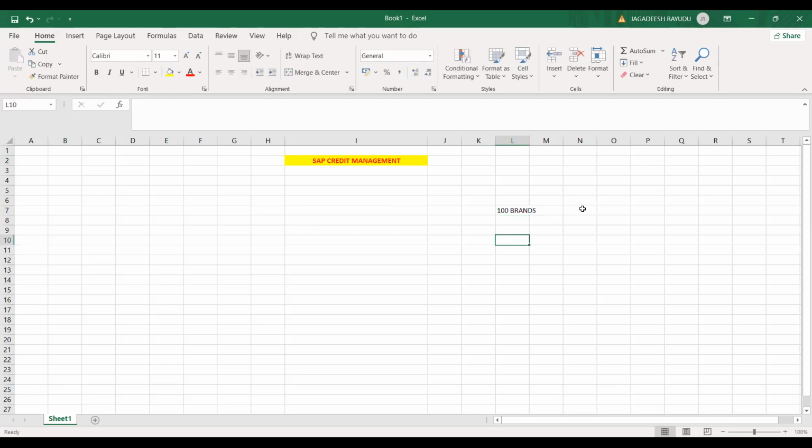You are a chocolate manufacturing company, and you have 10,000 valuable customers across the world from different countries. In these 100 brands, you might have fast moving items and slow moving brands also.